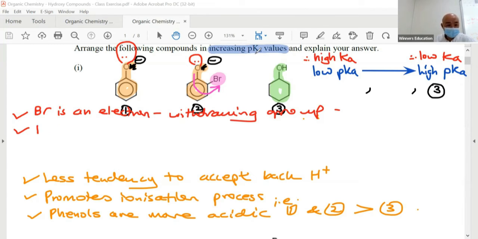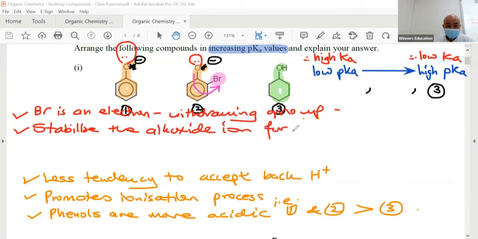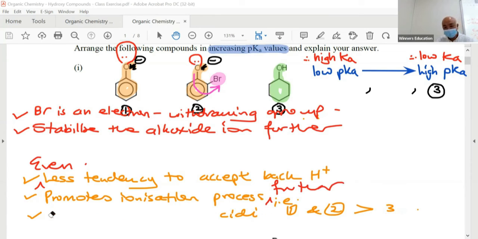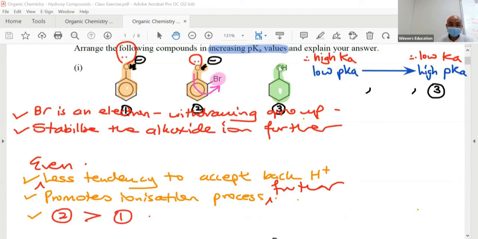So it stabilizes the alkoxide ion further. Right? So even lower tendency to accept H plus, promotes ionization process further, and therefore this is the answer. 2 is more acidic than 1, and therefore that is my answer. 2, 1 in terms of arrangement.